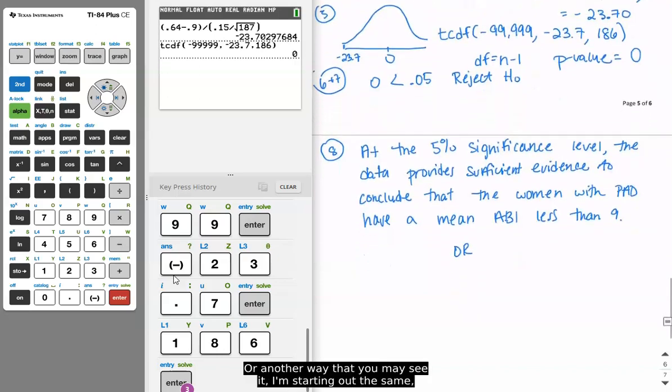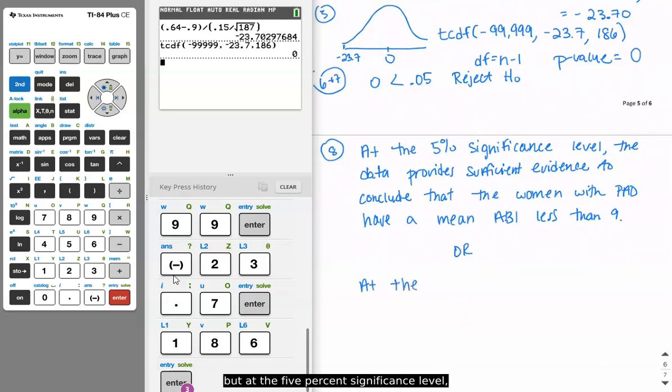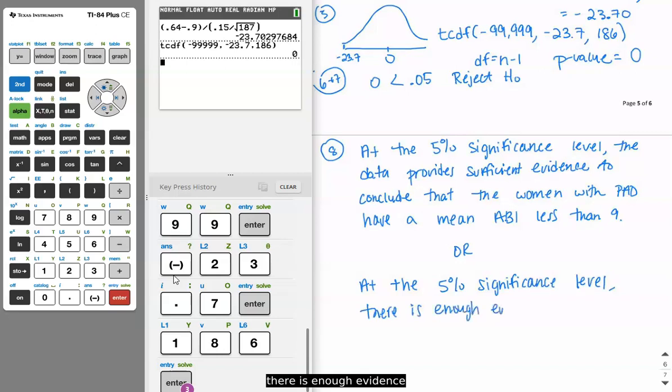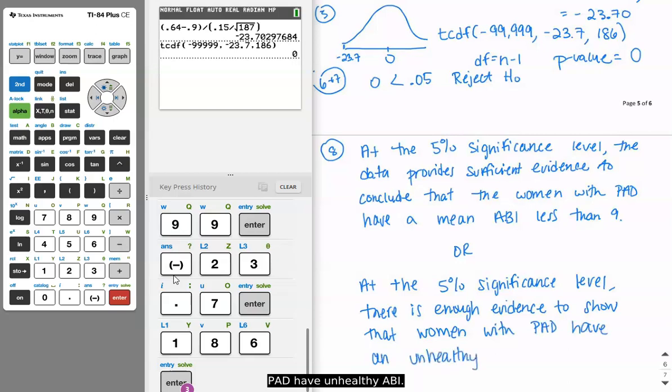Or another way that you may see it, still starting out the same: at the 5% significance level, there is enough evidence to show that women with PAD have an unhealthy ABI.